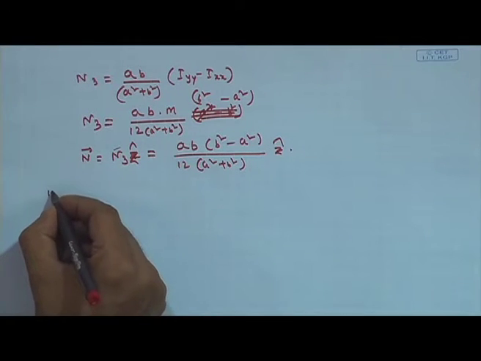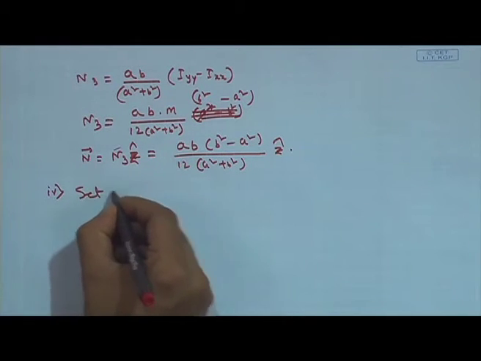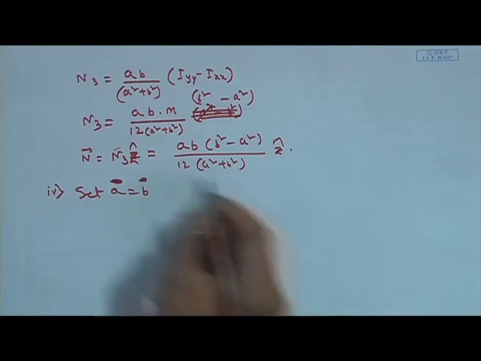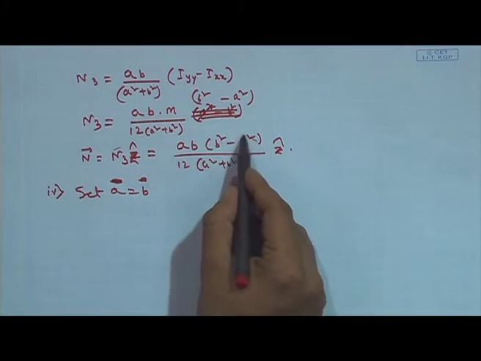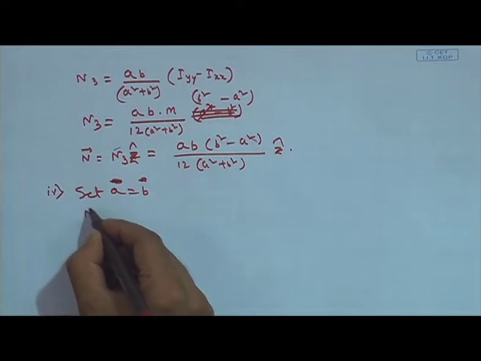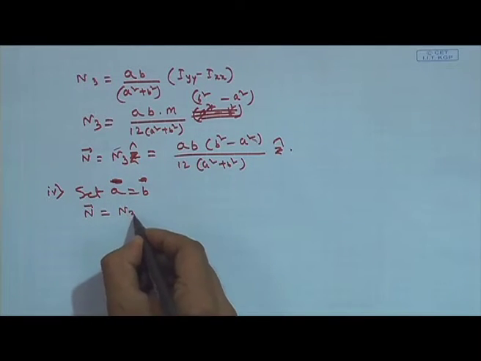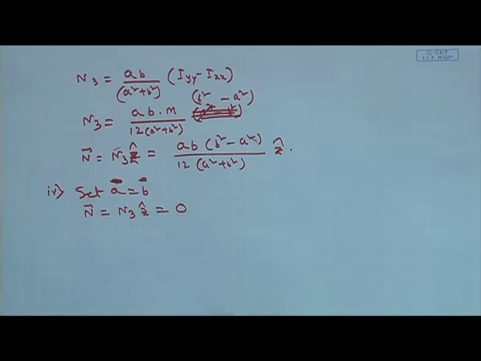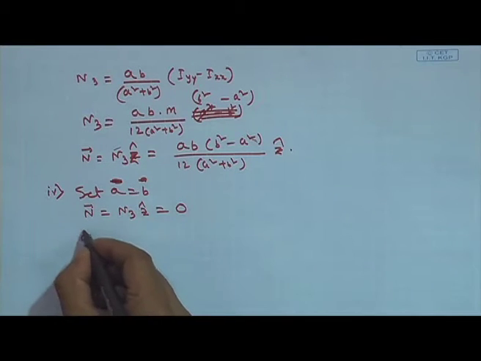Now the fourth part, we set a equal to b, not vectors, a equal to b. Put a equal to b here, you get n equal to n3 z cap, which will be equal to 0. Now what happens to L and omega? Let's examine omega.